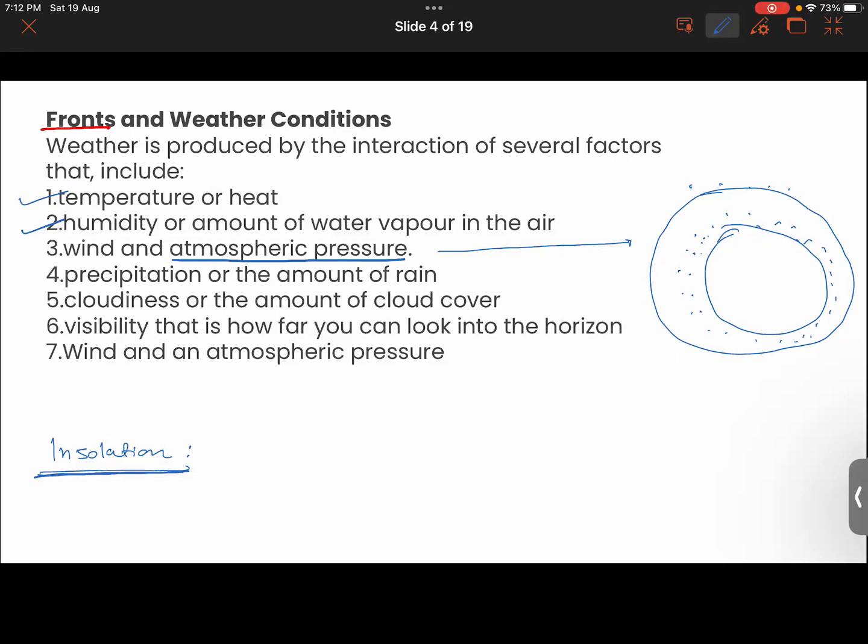Apart from that, you have dust and different types of gases also. So in the lower level of the atmosphere there's a higher pressure, and that pressure we call atmospheric pressure. It is simply the pressure generated by the air molecules on the surface of the earth.